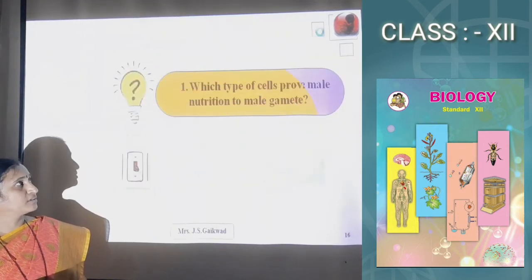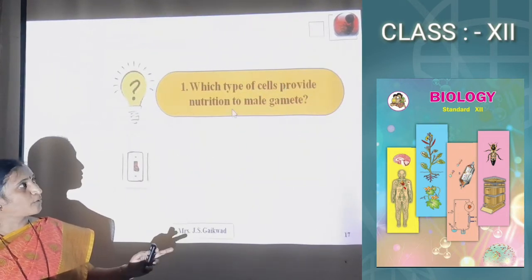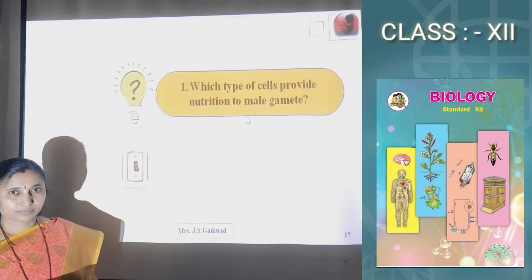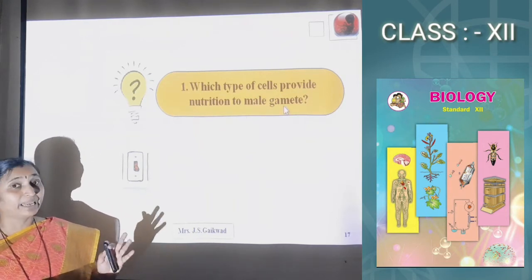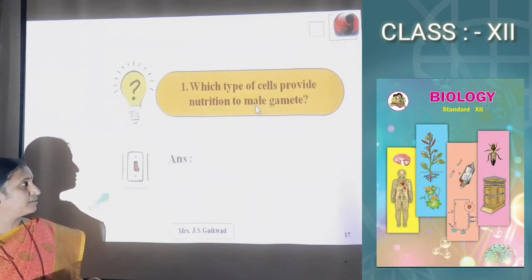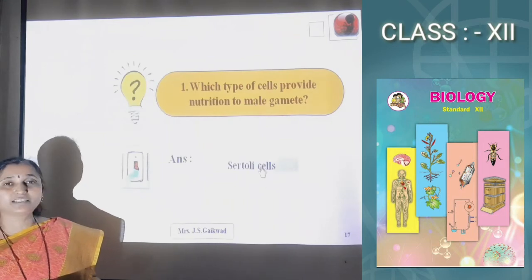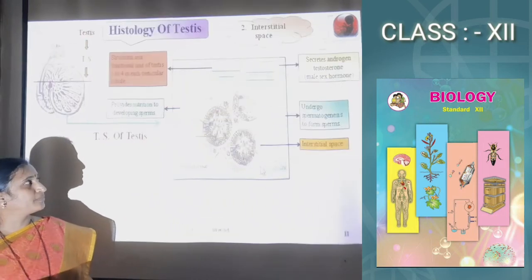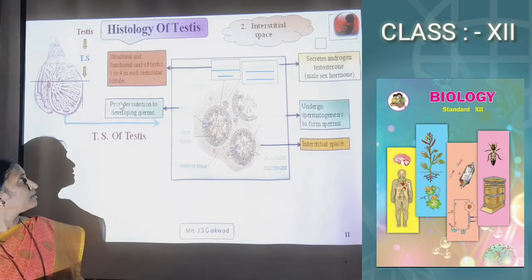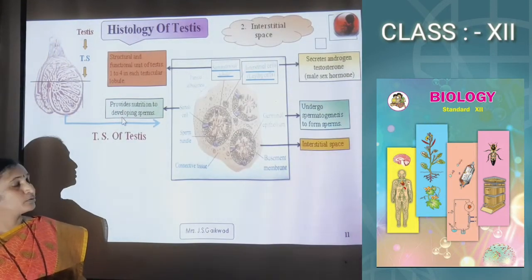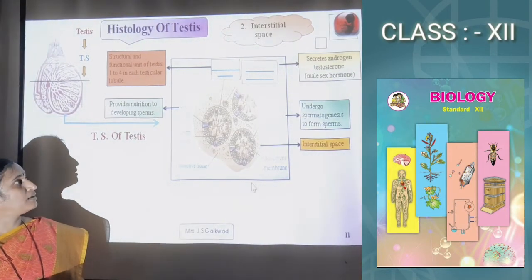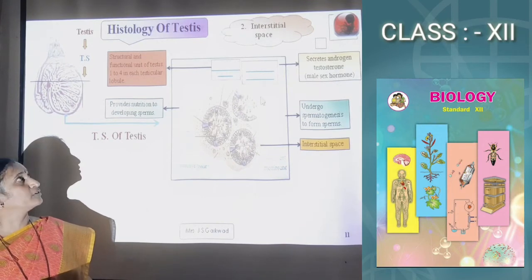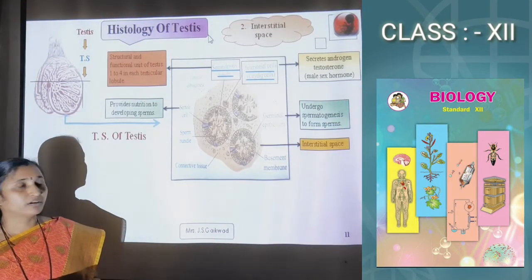Next question. Which type of cells provide nutrition to the male gamete, the sperm? Answer: Sertoli cells. See in the diagram, Sertoli cells provide nutrition to the developing sperms. All these are the structural points of the TS of testes.